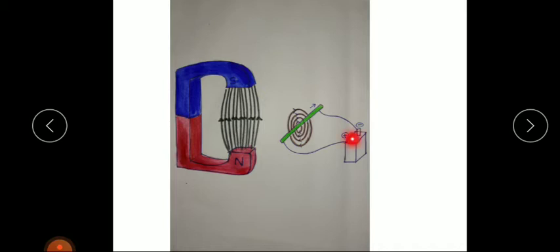Whenever current passes through a conductor, there will be a magnetic field, and its direction is obtained from the right hand thumb rule. Here is the positive end, here is the negative end. Whenever the current passes through this conductor, the current moves along this direction, and the magnetic field lines will be in the clockwise direction.